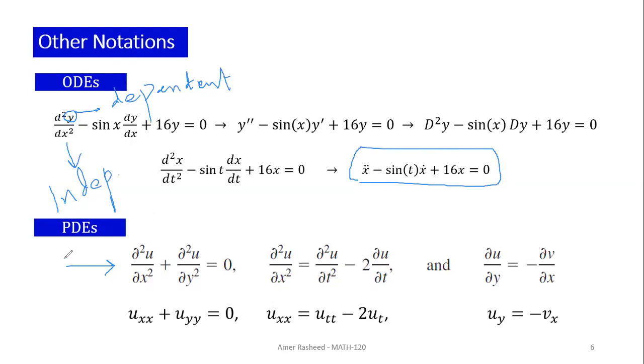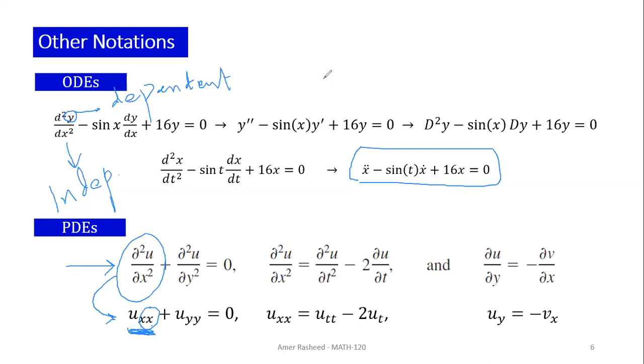Partial differential equations can also be denoted in this way, where partial square u by partial x square we can write as u subscript xx. If there are two x's, it means the second partial derivative with respect to x.